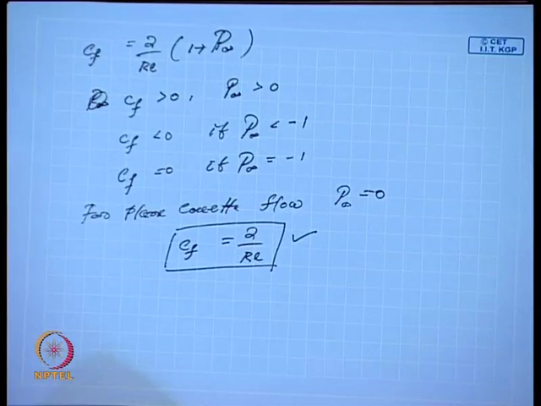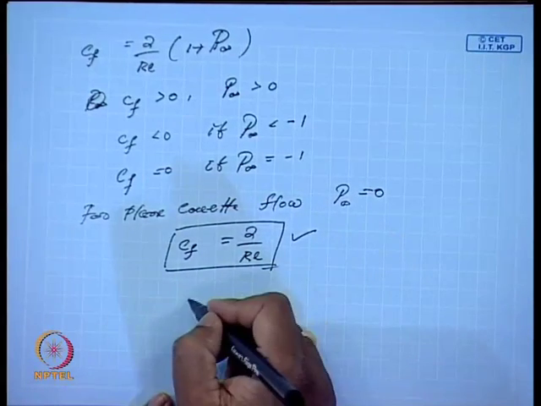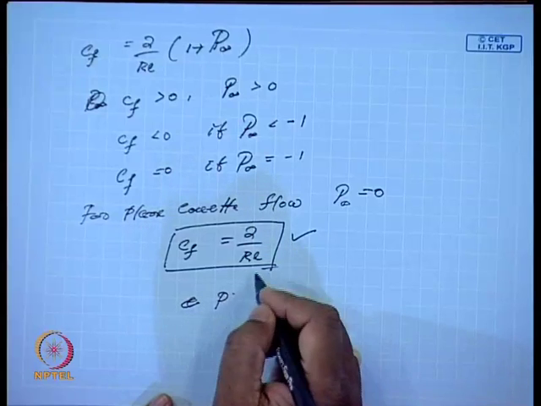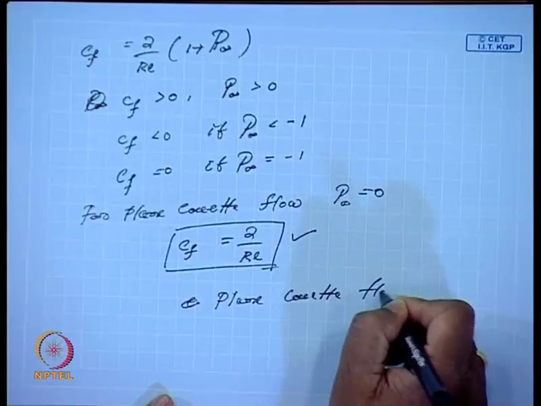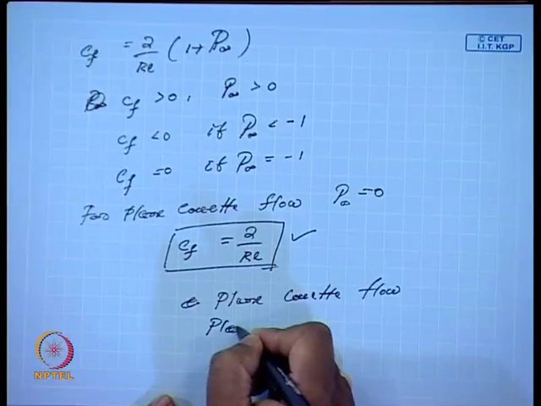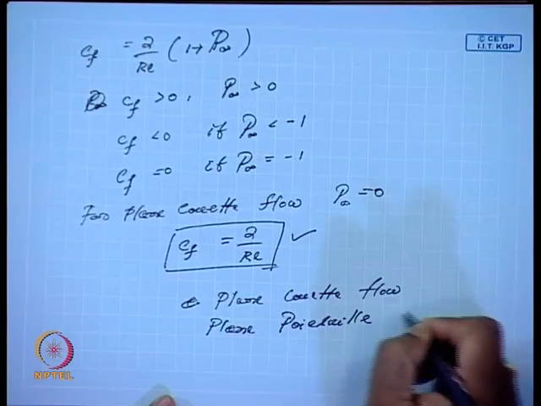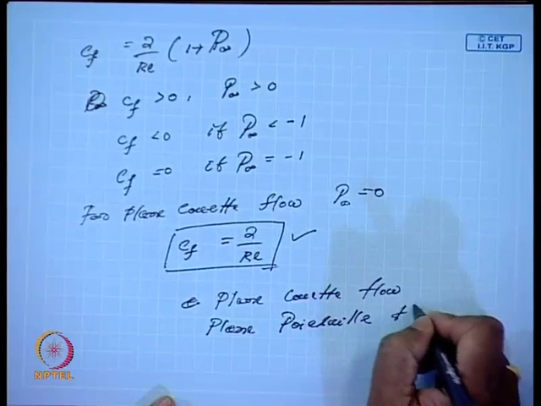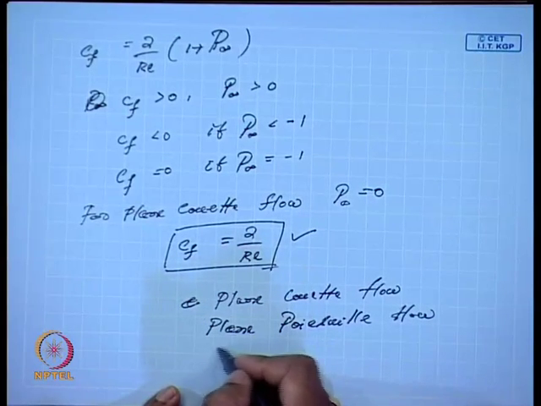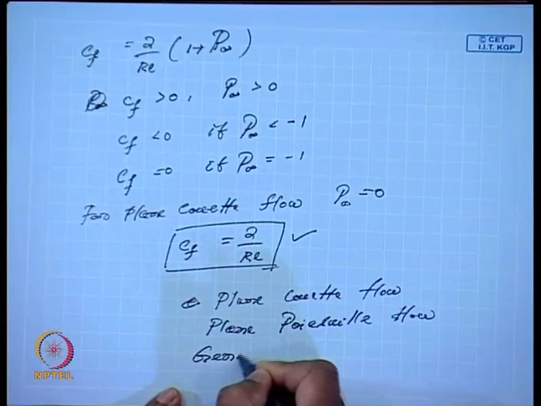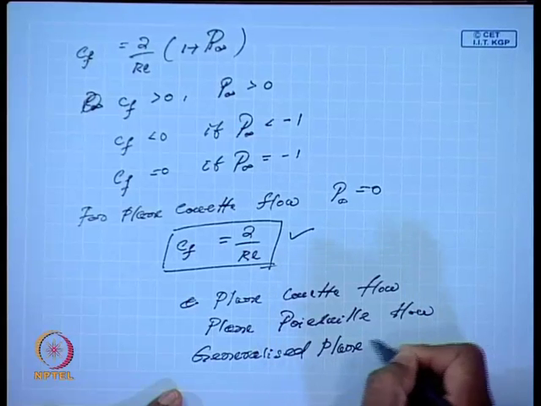Now, with this understanding we discussed 3 types of flow today. One is the plane Couette flow, the other is the plane Poiseuille flow, and the third type of flow I call the generalized plane Couette flow.